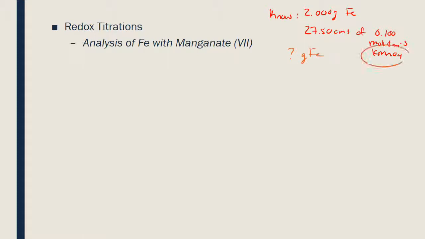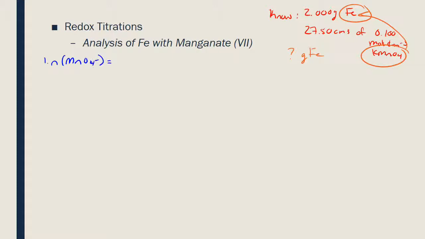We're going from MnO4- to Fe. So this is just essentially stoichiometry, so it goes back to topic 1. Whenever we're going between compounds, we have to go through the mole ratio. So we need to find moles. First thing we do, we find moles of our manganate ion that we reacted.